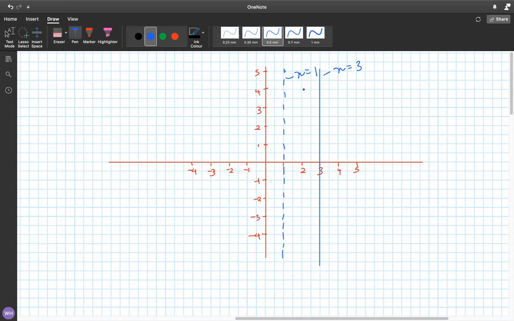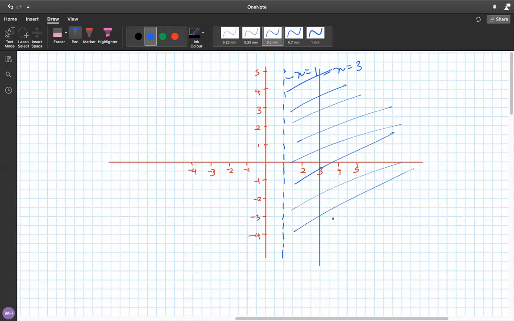Now if you color this x equals to 1, this should be the region. Oops, mistake. This should be the region. This is x greater than 1.